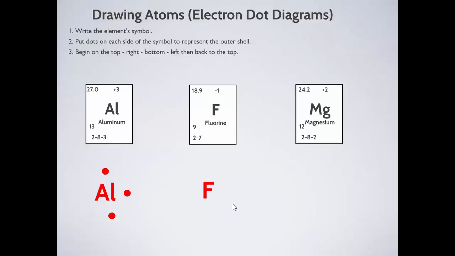Fluorine is how many valence electrons? 7. So 4 around, and then we start filling in a second one on each side. So with fluorine, its second energy level has 7 electrons. Now, what would make this full? Hayden?